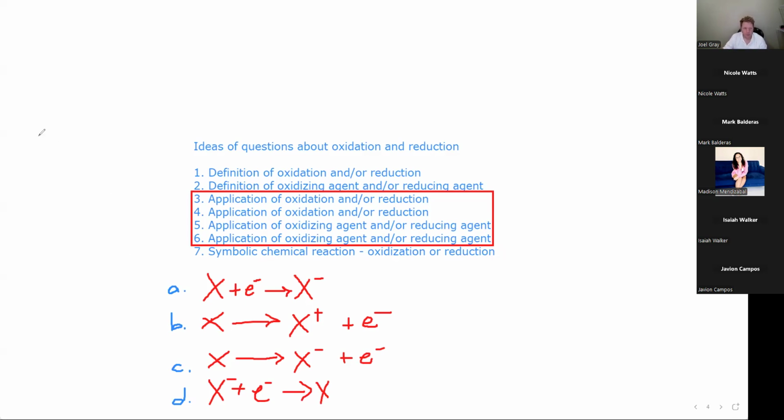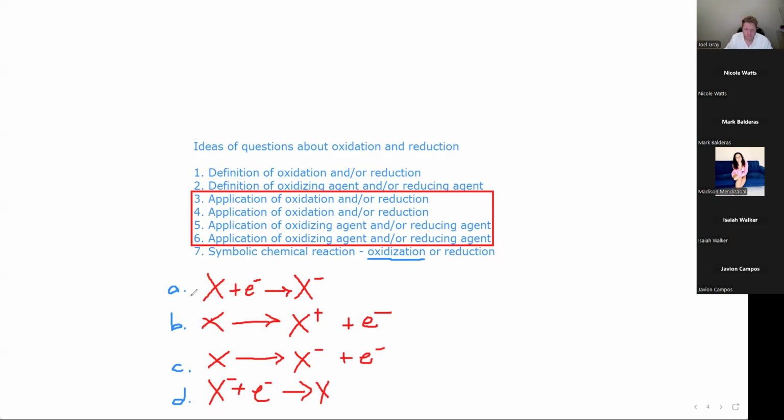So then what you would have to do is think about, okay, oxidation is the loss of electrons. So what that means is that reading from left to right, the species displayed on the left is going to lose an electron, so an electron is going to be one of my products.